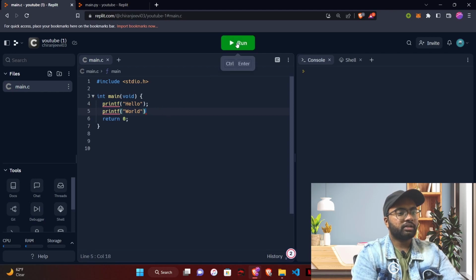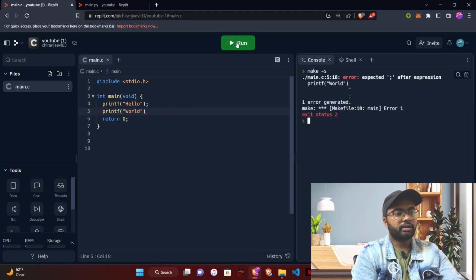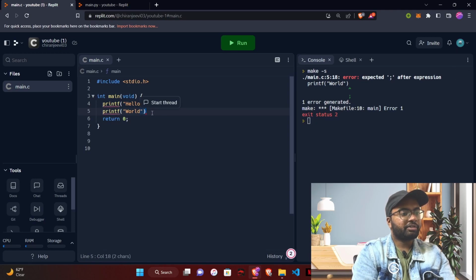So let's run this, and as you can see, it's saying expected semicolon after expression. After printf world, it's expecting a semicolon. This is an error. As you can see, there is no output here. It didn't print hello because line number 5 has an error.